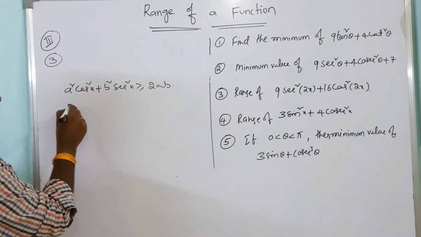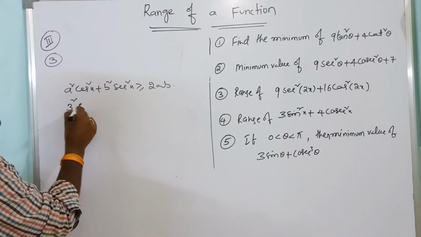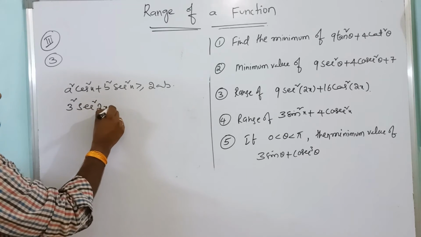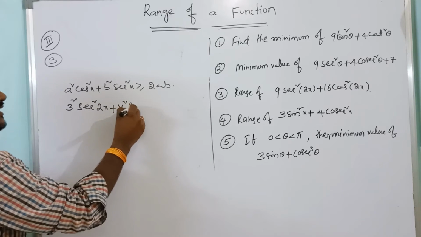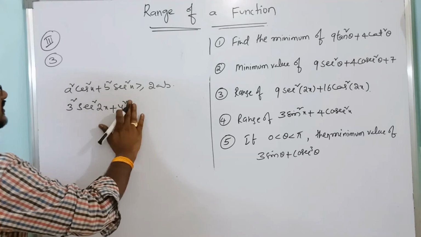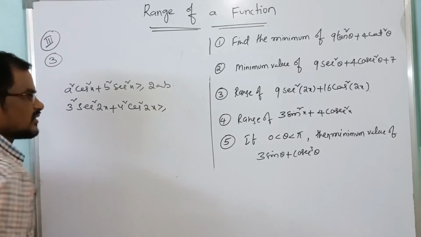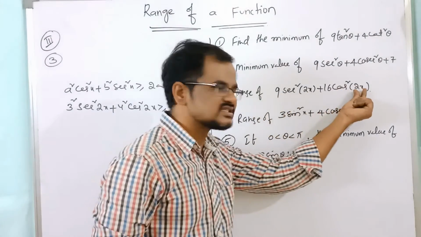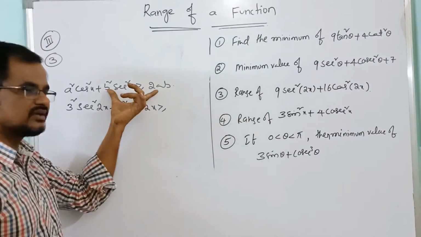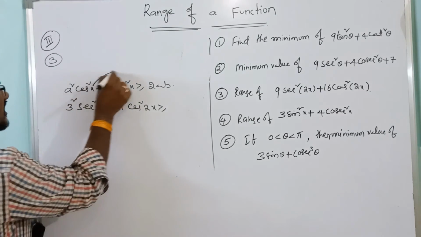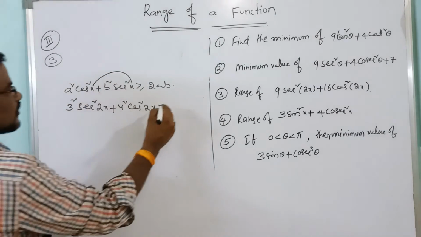So it is in that form, the third problem: 3 square secant square 2x plus 4 square cos square 2x is greater than or equal to. So here the angle is the same, so you can apply this condition. The angle should be the same here.